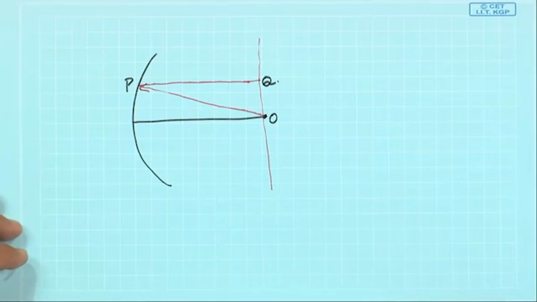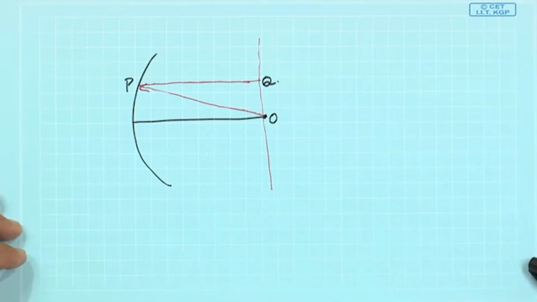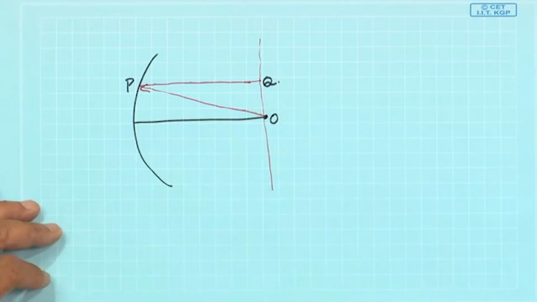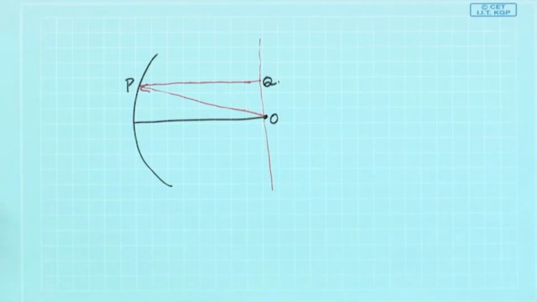Now, from the basics of any conic section, if you remember, the distance from the focus to any point on the conic section is always a constant. If you remember, a conic section like an ellipse has two foci.